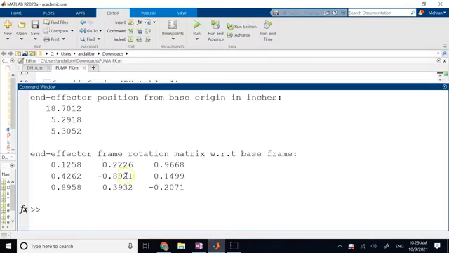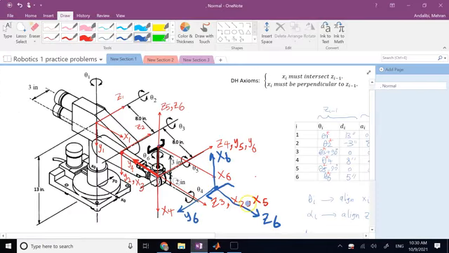Again, if you neglect these other small numbers and consider this to be 1, this to be -1, and this to be 1, this is where the end effector is going to be: 5 inches above the origin, 5 inches to the backside, and then about 14-15 inches in the x direction. So this is going to be your end effector position and orientation.